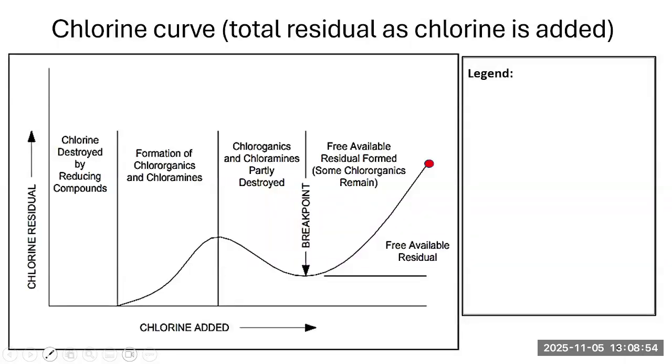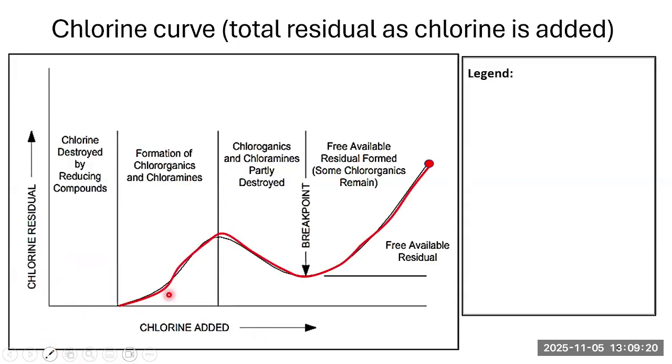So this next slide is one of the more important things in my mind. It's something that I think we all need to pay a little bit of attention to. This curve shows us the effect of adding chlorine across the bottom and what effect it has on chlorine residual on the top, on the left side.